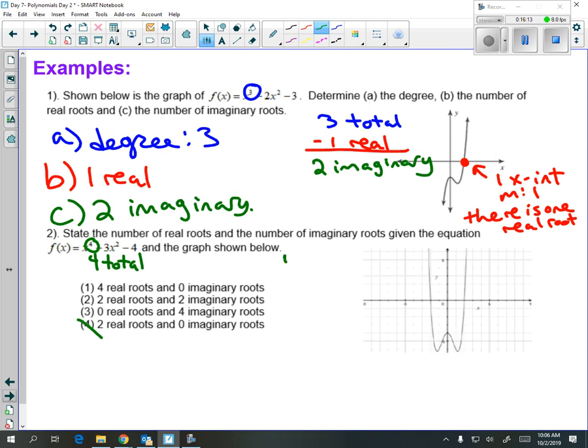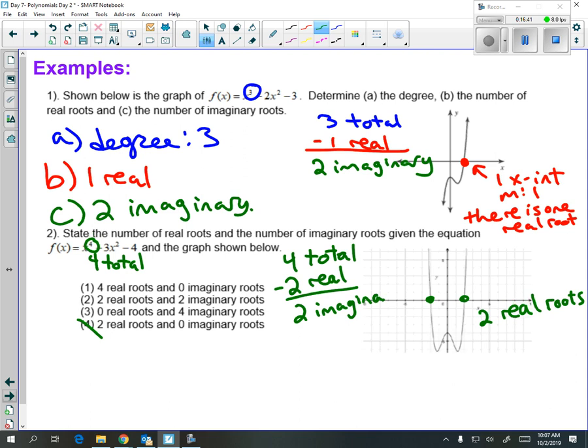So we have 4 total, and then we're going to look at the graph, and we're going to see 2 x-intercepts, both with a multiplicity of 1, which means there are 2 real solutions. So 4 total minus the 2 real means I have 2 imaginary that I cannot see on this graph, which would be choice 2.